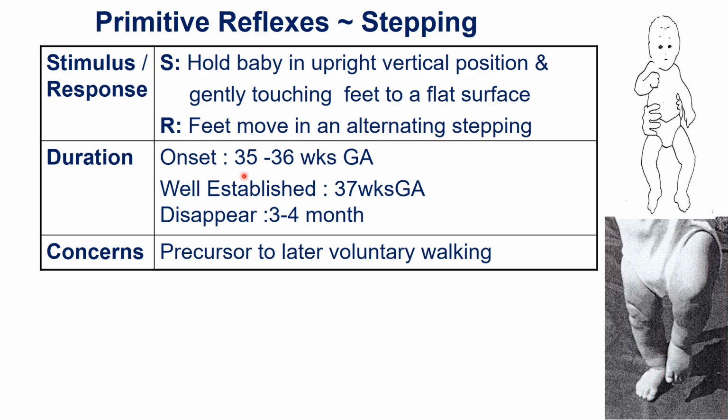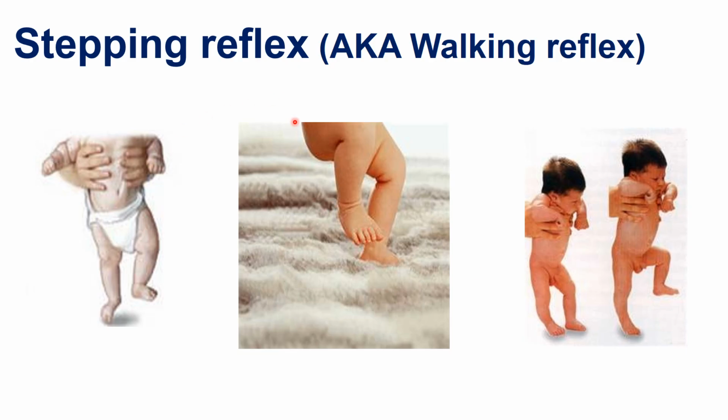The onset is 35 to 36 weeks of gestation, well established by 37 weeks, and disappearance is 3 to 4 months. This is also a precursor to later voluntary walking. So you can see the stepping reflex: you touch the baby's feet on a flat surface, and the baby will alternately lift the legs and start walking.